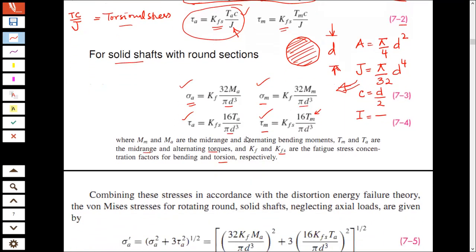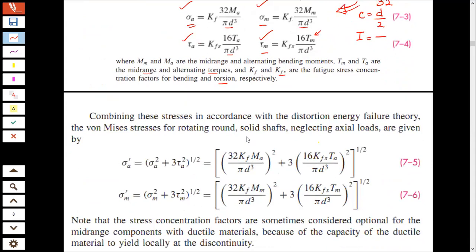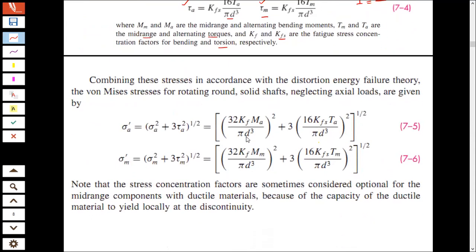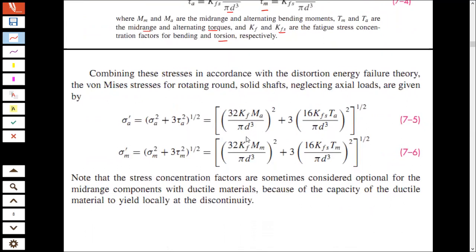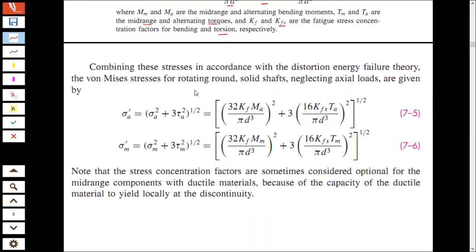Now we can combine these stresses using the distortion failure theory, the von Mises stresses for a rotating shaft. We can go ahead and find that. And we know from your solid mechanics that sigma a dash will be equal to the square root of sigma a square plus 3 times tau a square. And similarly, sigma m dash will be equal to the square root of sigma m square plus 3 times tau m square.